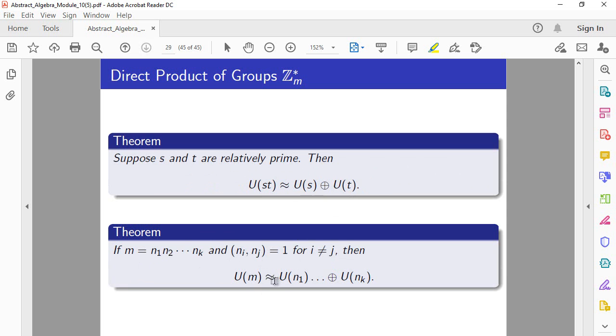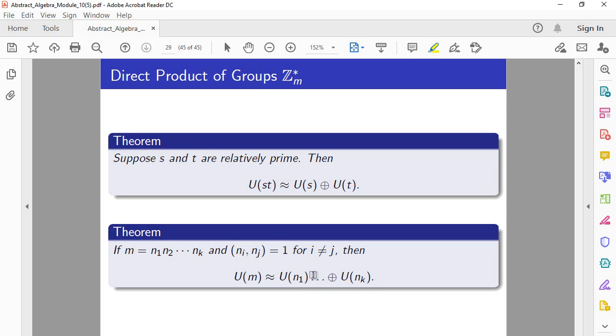The next theorem is basically a generalization of this first theorem. If M is N1 times N2 times up to Nk, where Ni and Nj are relatively prime for any i not equal to j, then U of M is identical to the external direct sum of U of N1 up to U of Nk.